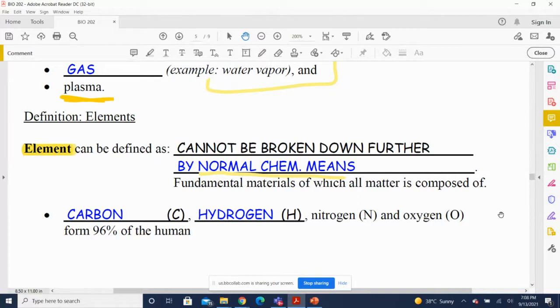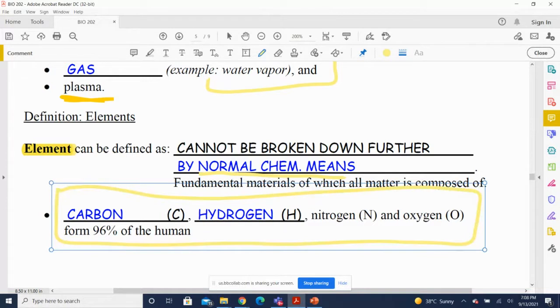And there are 4 elements that are the most important ones for us to know. These are going to be carbon, hydrogen, nitrogen, and oxygen. And actually 96% of you is made by these 4 elements. The remaining 4% is other stuff, but you are made mainly of carbon, hydrogen, nitrogen, and oxygen.